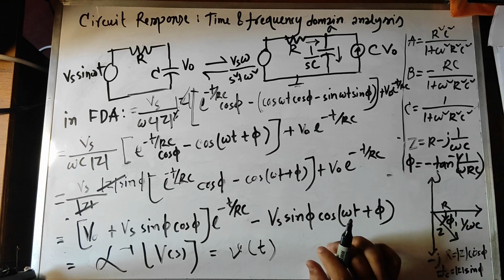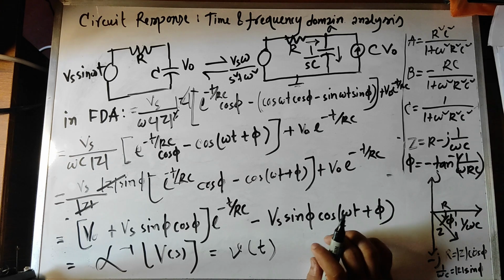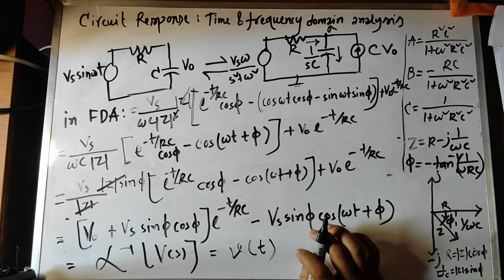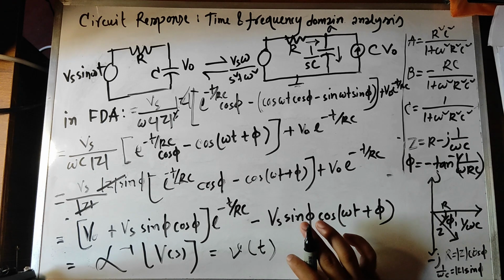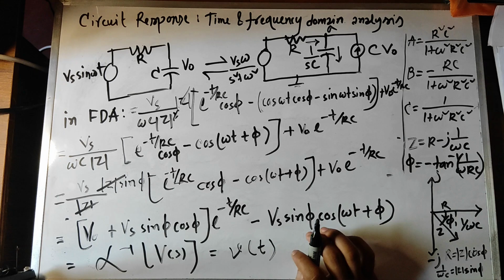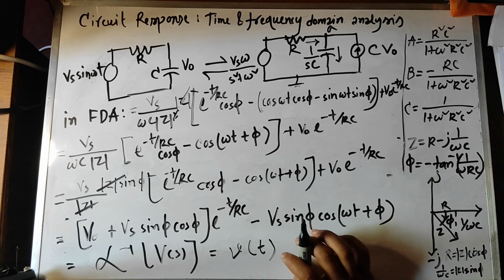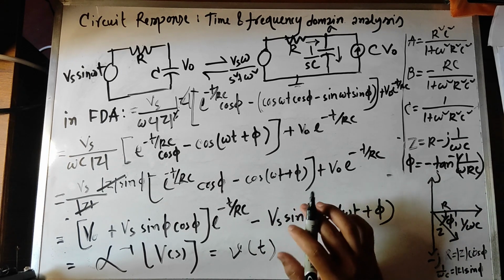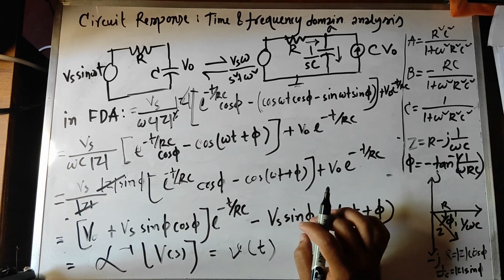So there's an extra term sin phi in both time domain analysis and in this frequency domain analysis. We didn't get this extra term in RL sinusoidal response, but in RC sinusoidal response we're getting an extra sin phi term.